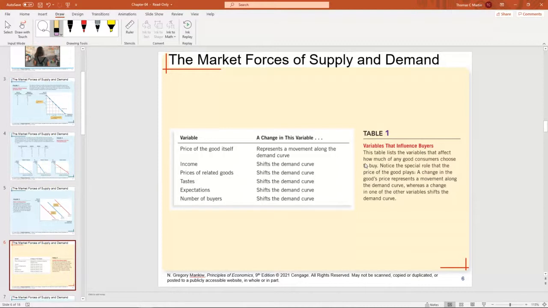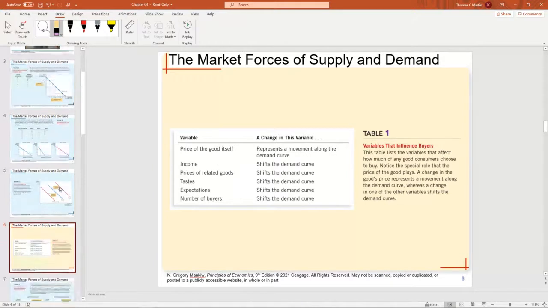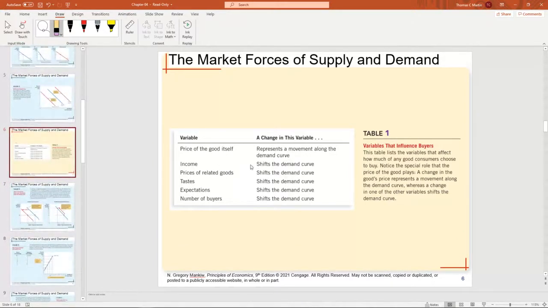Your desire to consume the product did not change. So if we look at this, we have 1, 2, 3, 4, and 5 determinants of demand or variables. And with income, we can break it down into 2 parts.